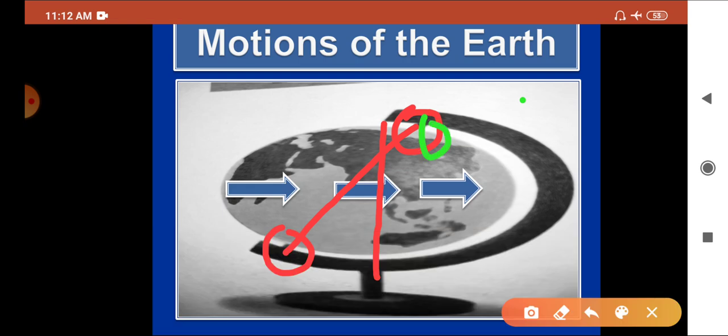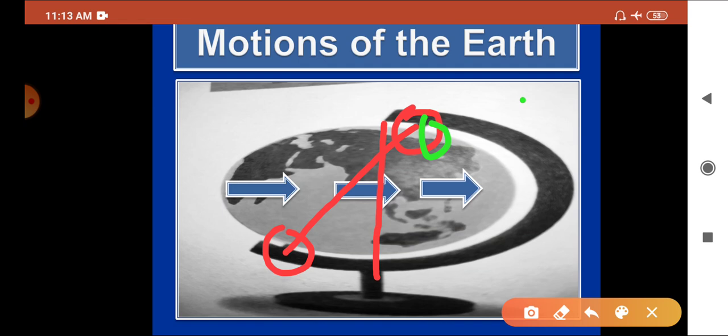So you will find that our earth is tilted, and this is the tilted position of the earth.